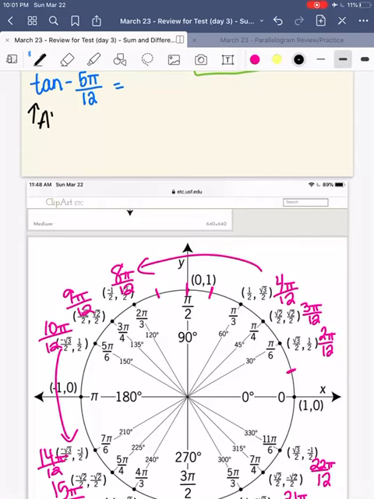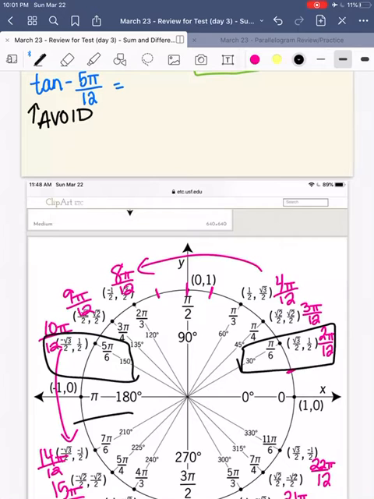With tangent, let's make a little reminder to ourselves. Do you remember there's some we want to avoid? It's the ones at the x-axis. So here... well, I guess I should include all of that, the 30 as well. So we want to exclude these, and these.